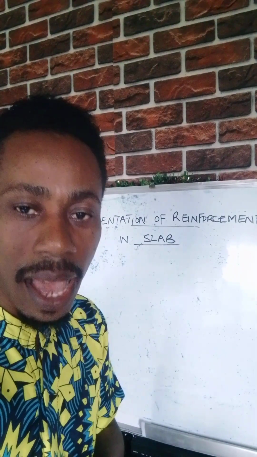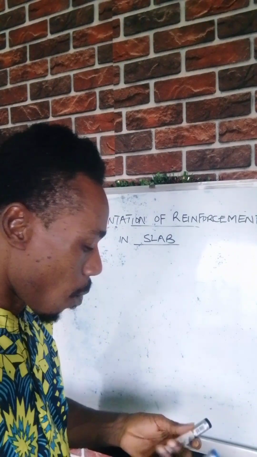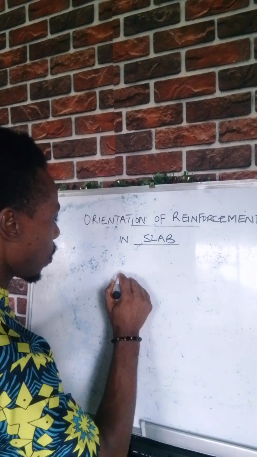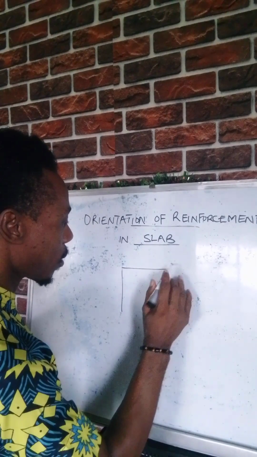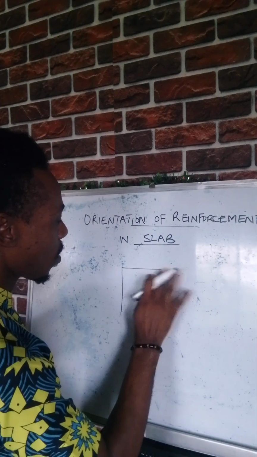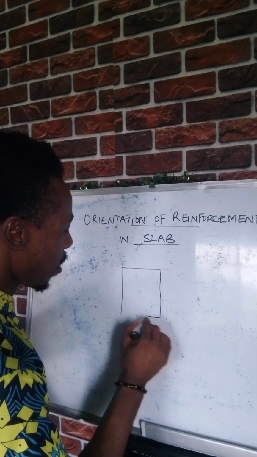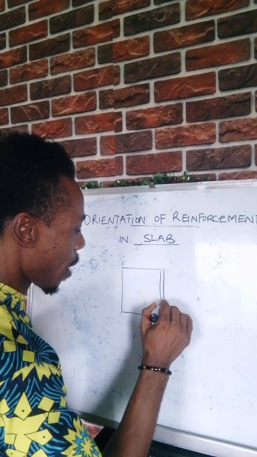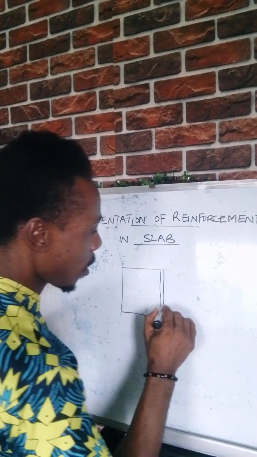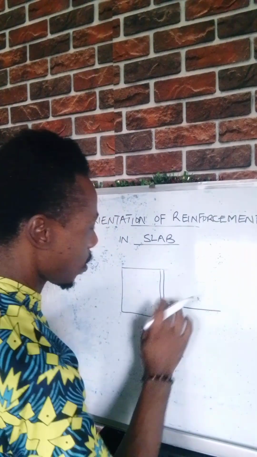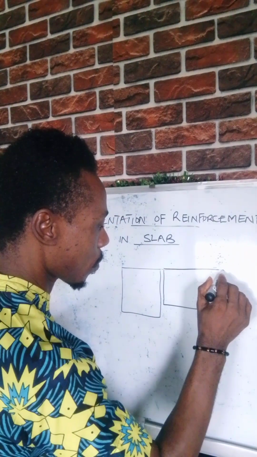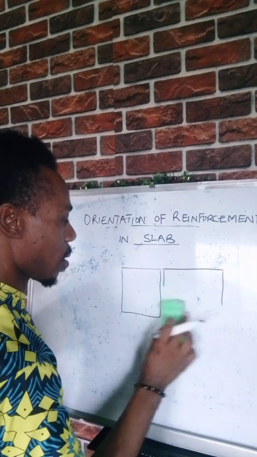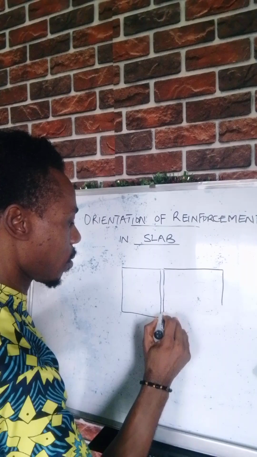Now, I want you to understand that most times, for example, we have our panel in this form. Then we have another panel that runs this way, and another panel that runs this way.